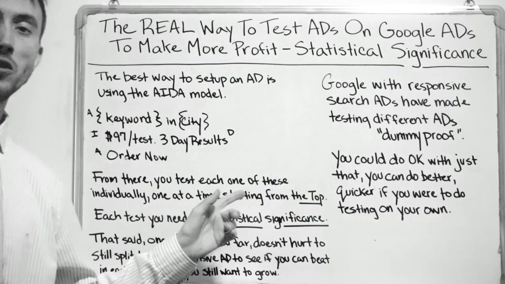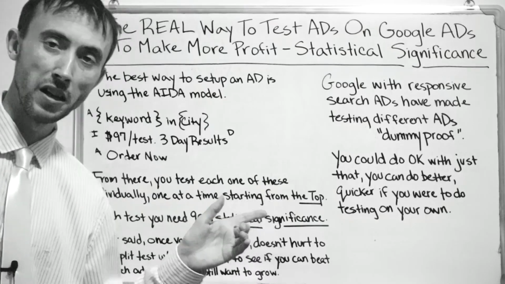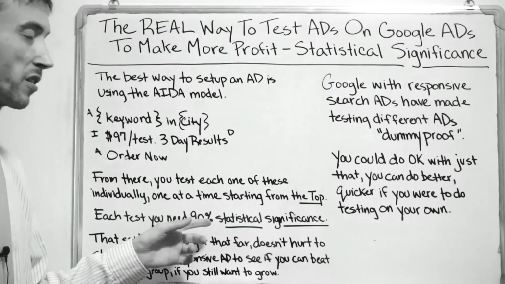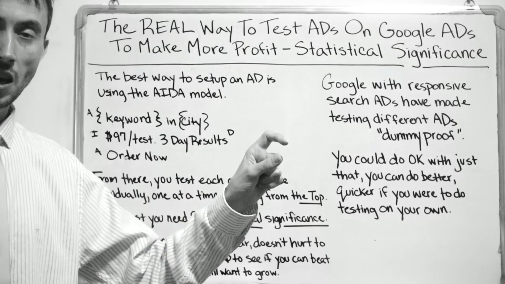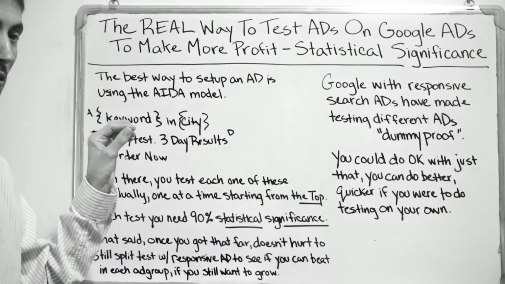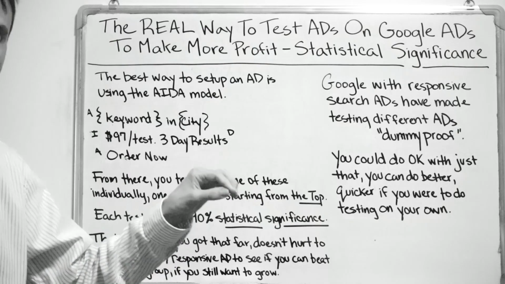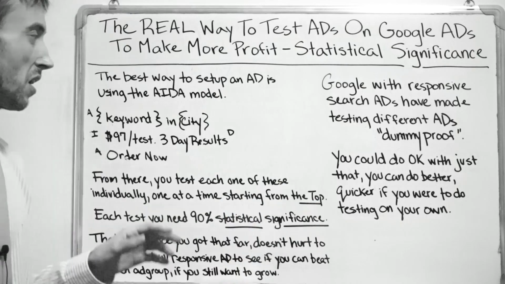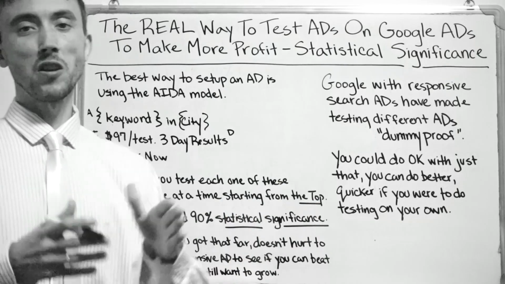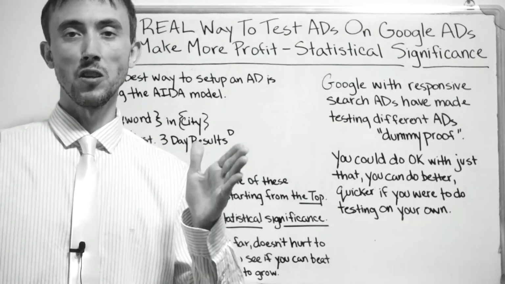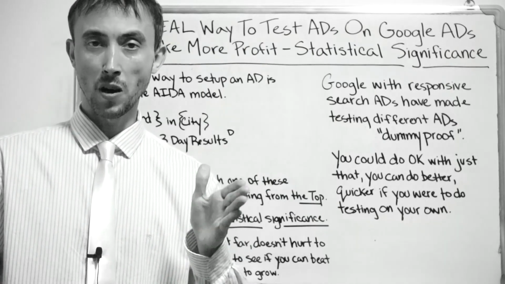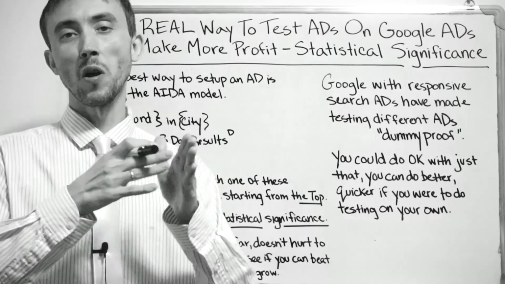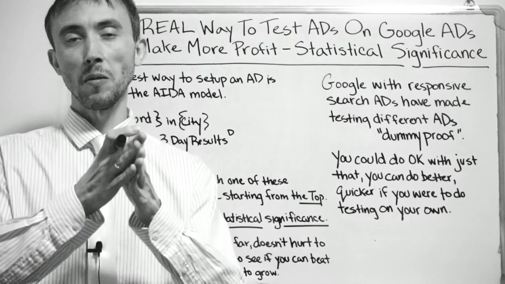So what you do is you use a statistical significance calculator. You Google that, and when you're running your test, it asks for the clicks and the impressions. So you do your testing, clicks and impressions, and then the ad that you were running before, clicks and impressions. Let's say you run your new test ad for a month. You take the clicks and impressions for that month, you put them in your statistical significance calculator, and then for the other ad that was running from before, your control ad, you do the same thing for that same month.